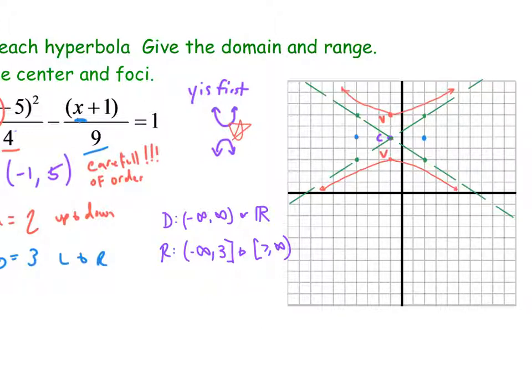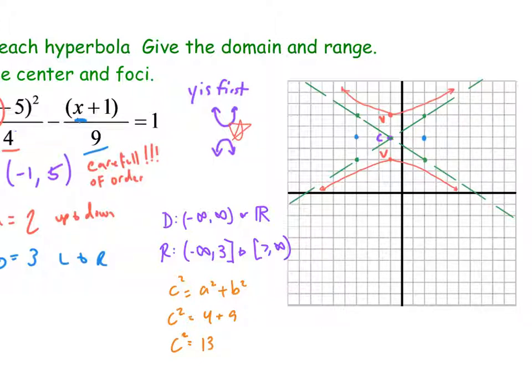Last thing we need to do is, since we already plotted the center, we need to plot the foci. So again, c squared equals a squared plus b squared. So c squared, let's see, what was a? A was 2, so 4. And then b was 3, so 9. So c squared equals 13.